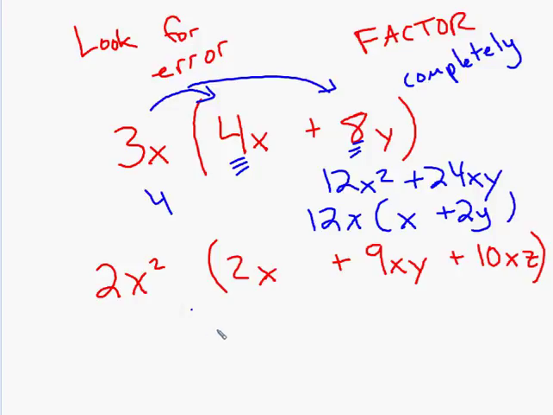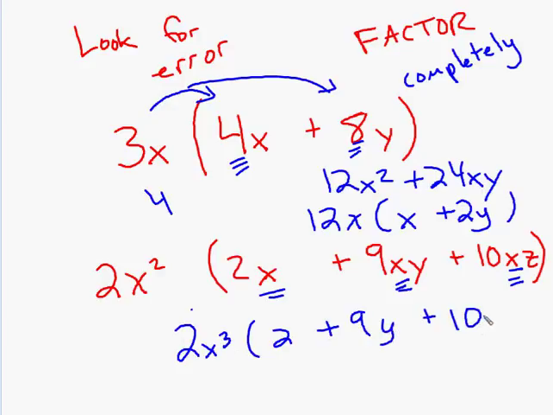What's wrong with the second one? Someone besides Trey. They could have taken another x. Yes, we could have taken out another x. So it should have been 2x cubed times 2 plus 9y plus 10z.